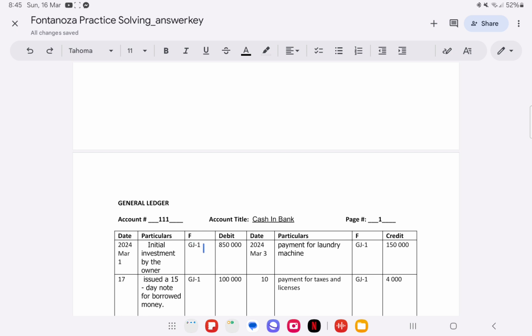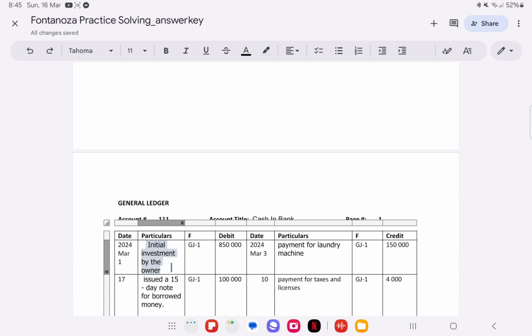So we need to put the reference number here for us to easily check if there will be some error in the problem if you cannot balance. So it's easy for you to refer to General Journal page 1, and it's really important that you also indicate the particulars, which is the explanation of your journal entries, for you to determine some errors in the General Journal.